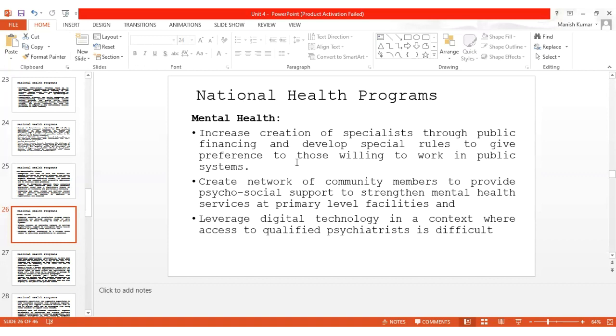Basically MNS is a module which is taught for ASHA. And the full form of MNS is, can anyone say what MNS stands for?